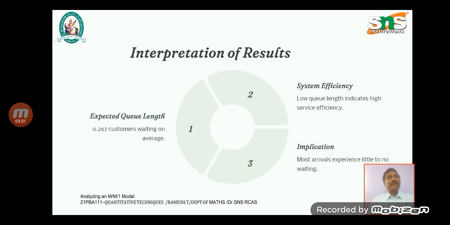Interpretation of results: expected queue length is 0.267 customers waiting on average. System efficiency: low queue length indicates high service efficiency. Implications: most arrivals experience little to no waiting.